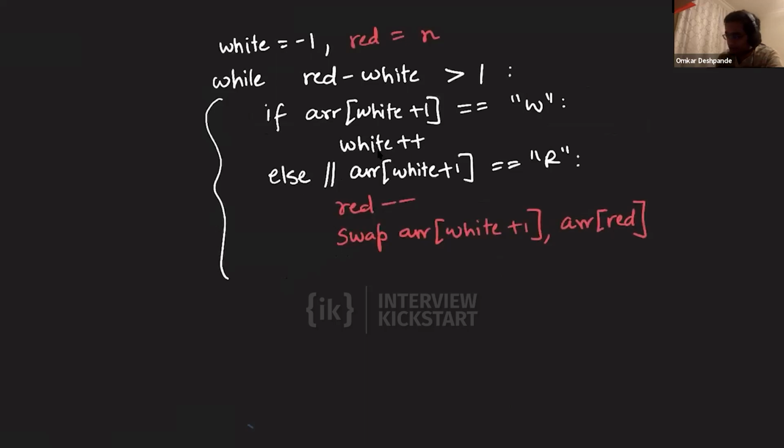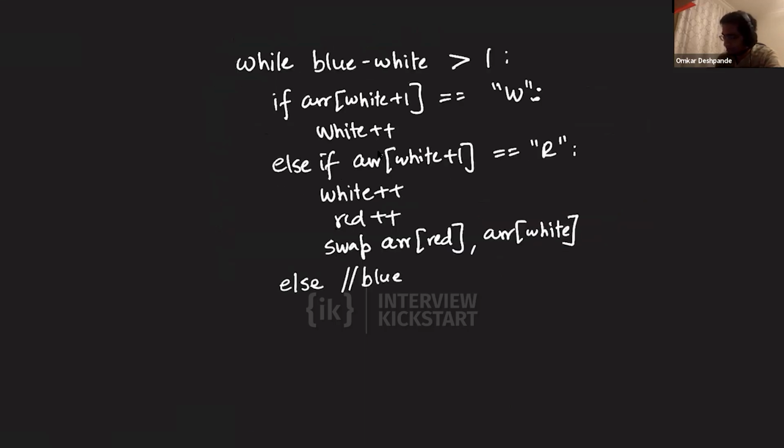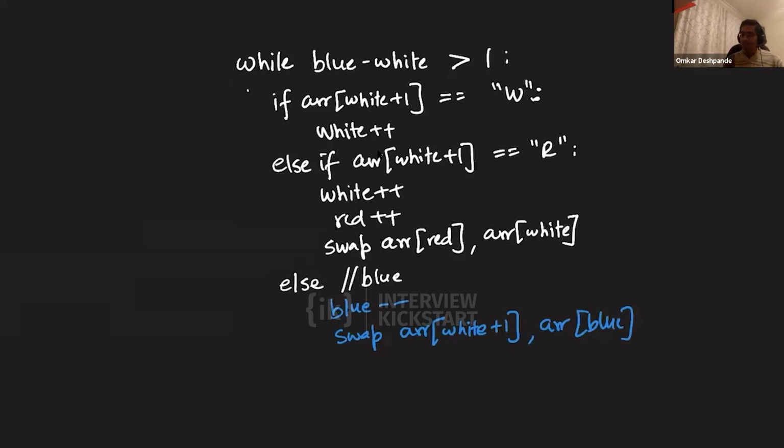So we do blue minus minus, and then swap with array of blue. In each of the three cases, our empty rectangle in the middle is shrinking by 1.